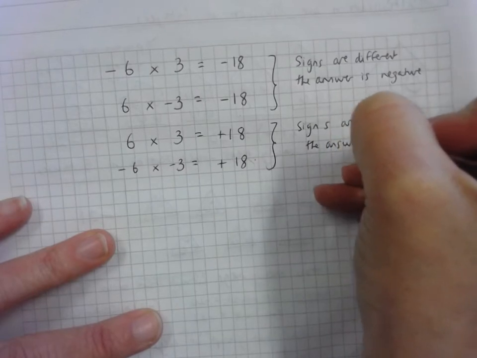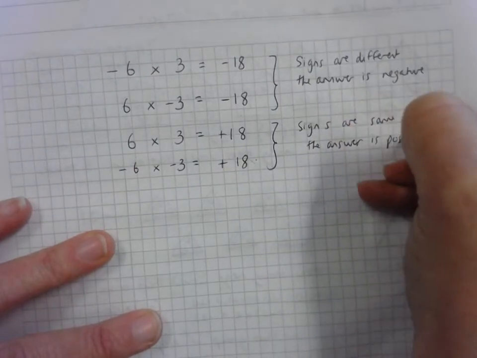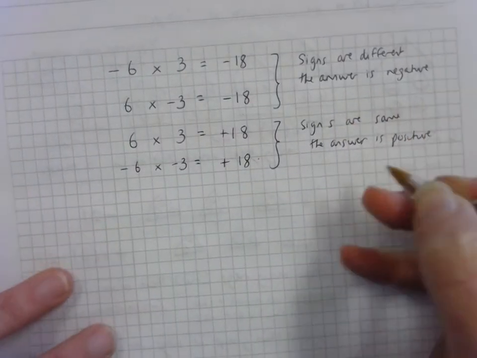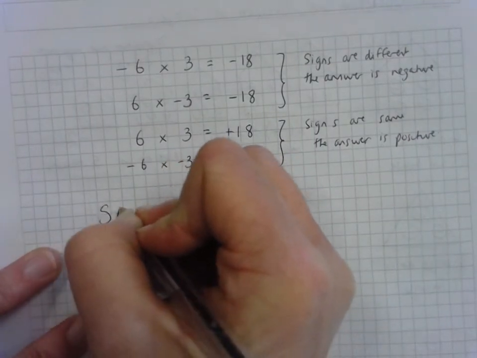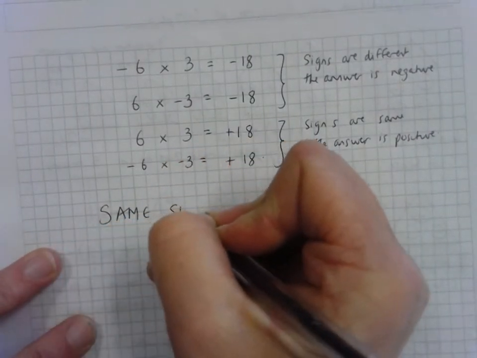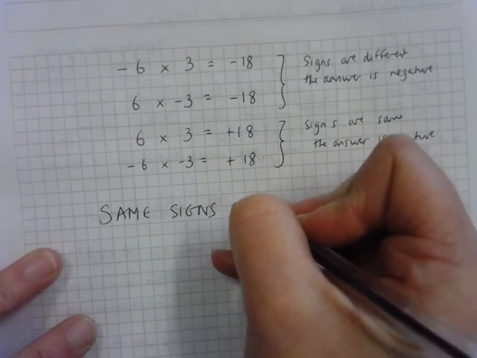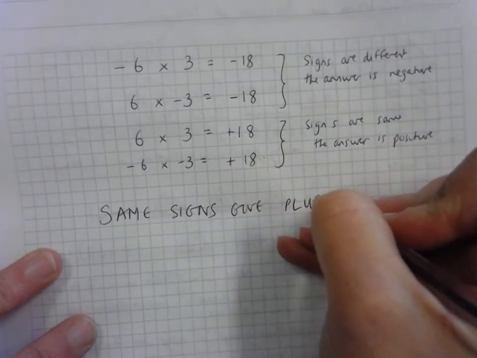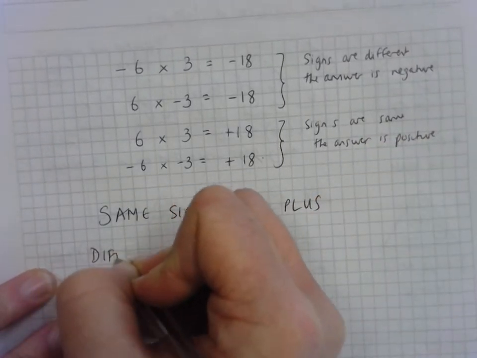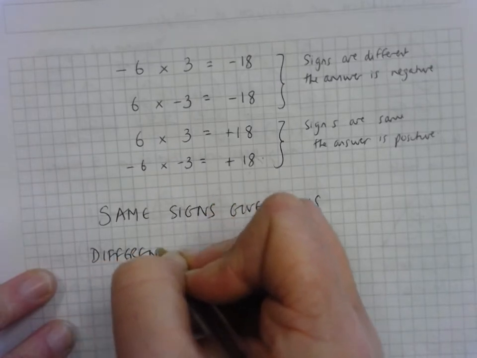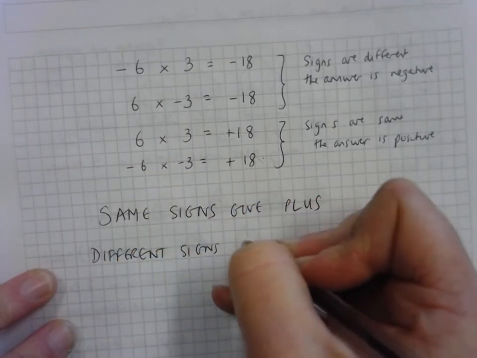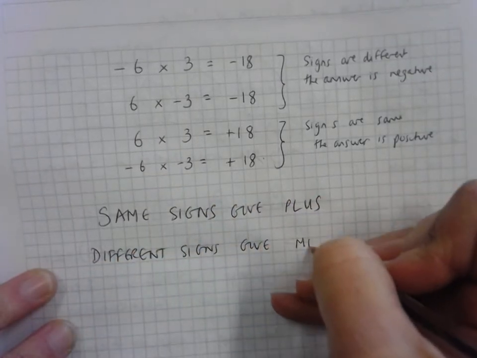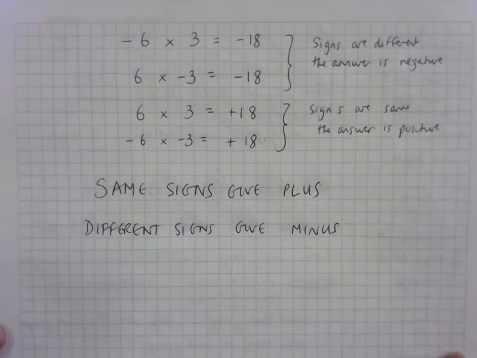Now, the way I normally say that, and it might help you more easily, is I say same signs give plus, and different signs give minus. That's the same with multiplication or division.